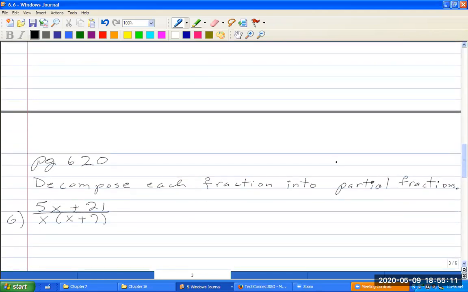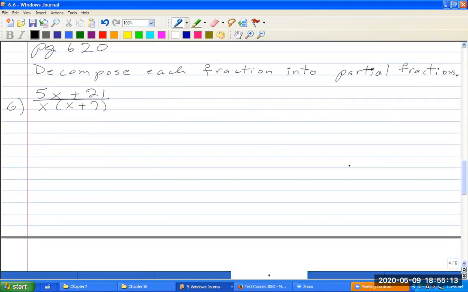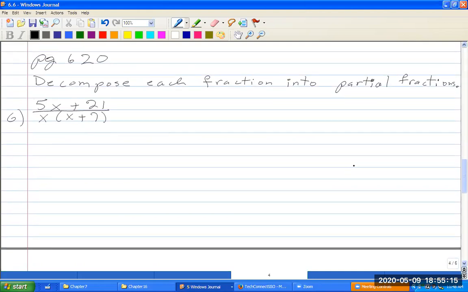Okay, so let's actually try to do some examples. Decompose each fraction into partial fractions. So I have here problem number 6. (5x plus 21) over x times (x plus 7).